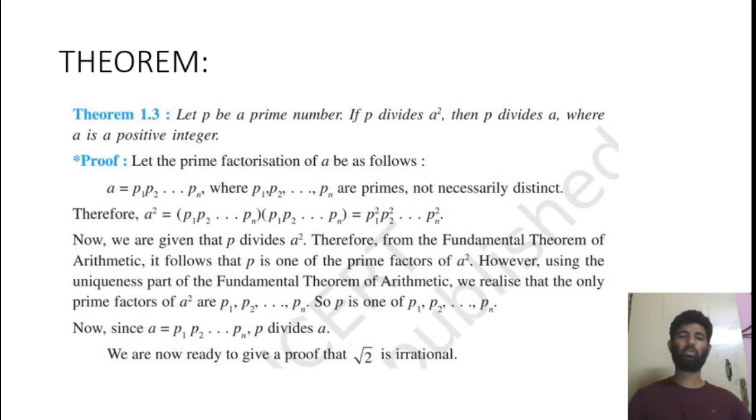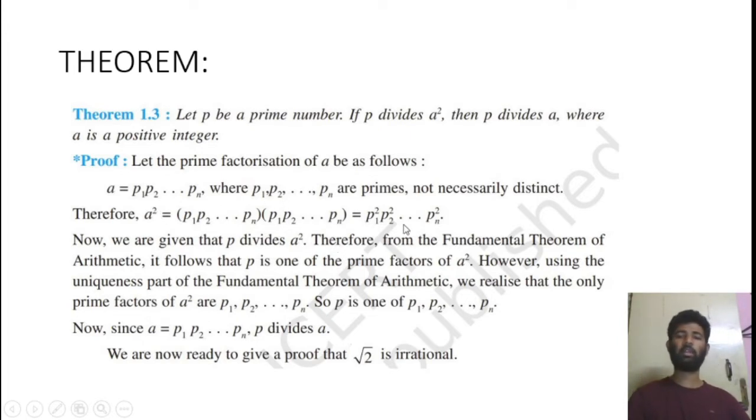Now p divides a square, so it means that p is somewhere in between p1, p2 and so on till pn. So p is somewhere in this range and it divides a square. Now we have to prove that p also divides a.